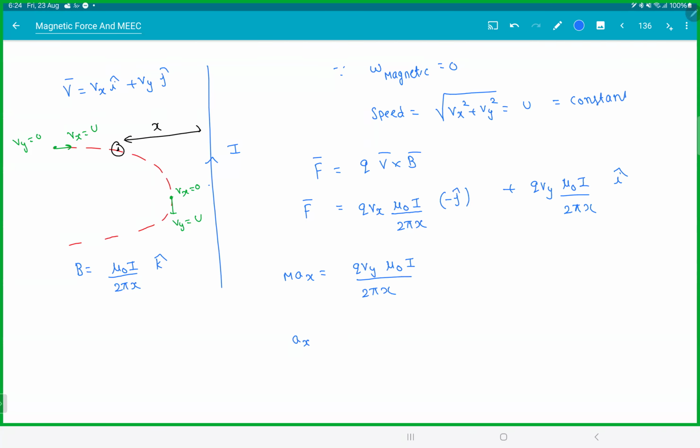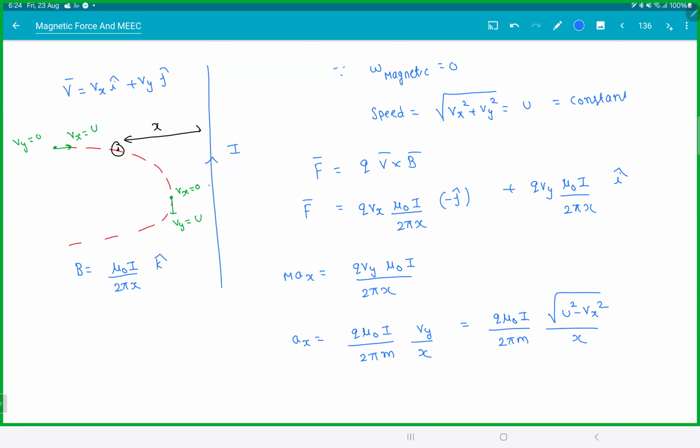So we get acceleration ax is equal to q mu naught I by 2 pi m, vy by x. So the problem, I don't want that vy. So we'll replace that here. q mu naught I by 2 pi m. Vy will be root over u square minus vx square by x.